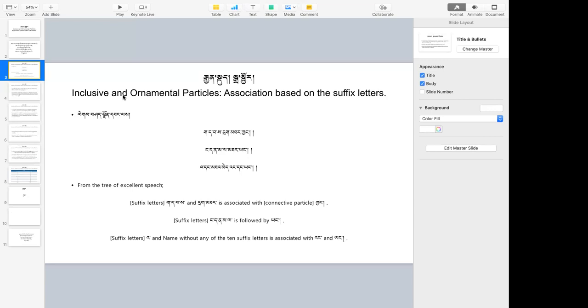It could be a naming word, or an action word, or an ornamental word. So any of those words which does not have a suffix letter. There are 10 suffix letters, so these words which do not have any of the 10 suffix letters are followed by or associated with hung and yang. So this is the 3 lines from the Tree of Excellent Speech.